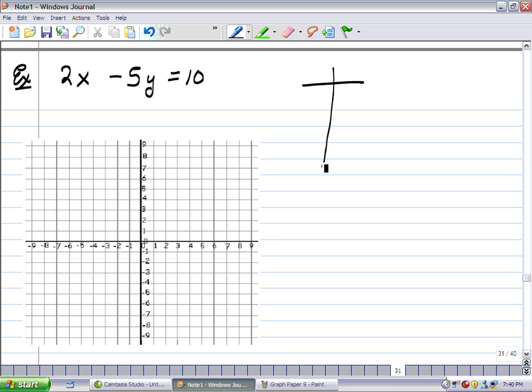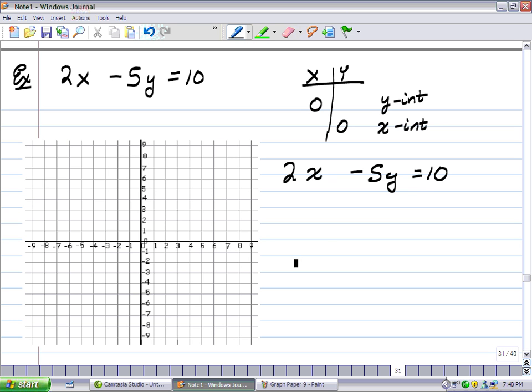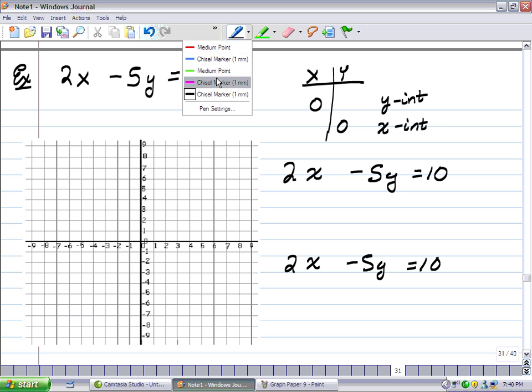Okay, the table's going to be x, y. So for x to be 0, that's going to give me the y-intercept. For y to be 0, it's going to give me the x-intercept. Be careful with the signs. It's really the most difficult part.